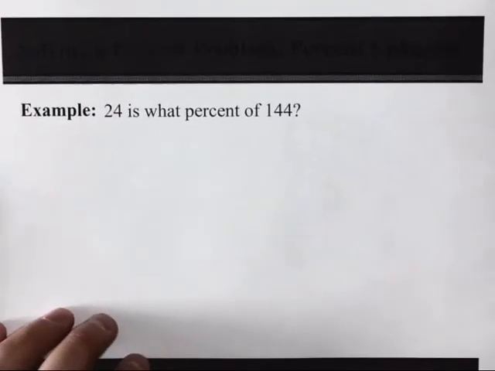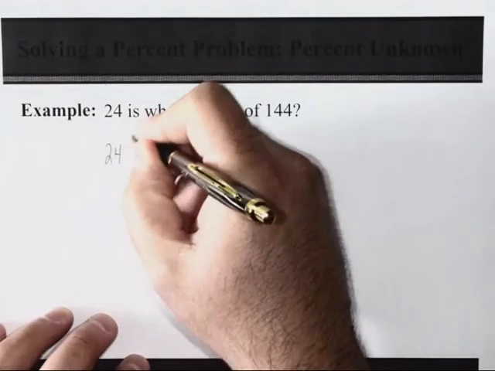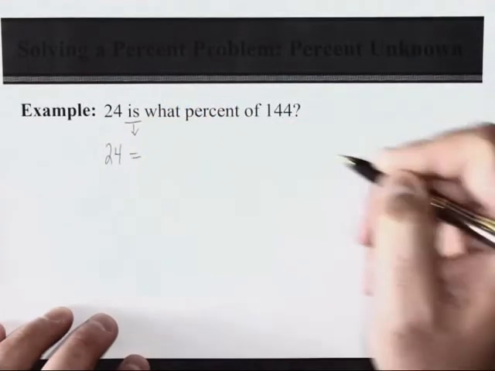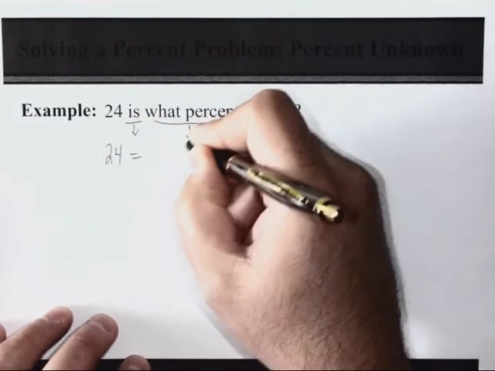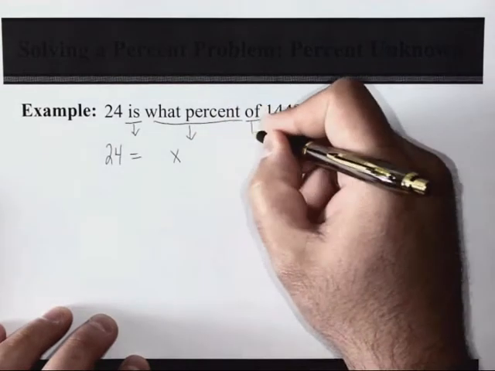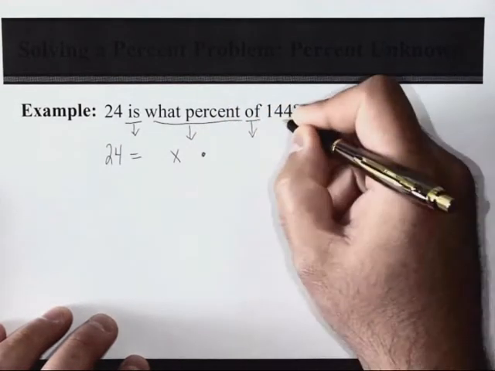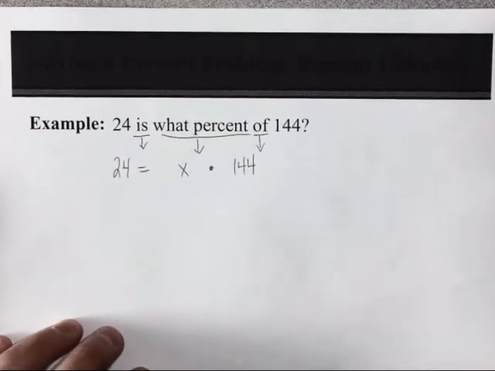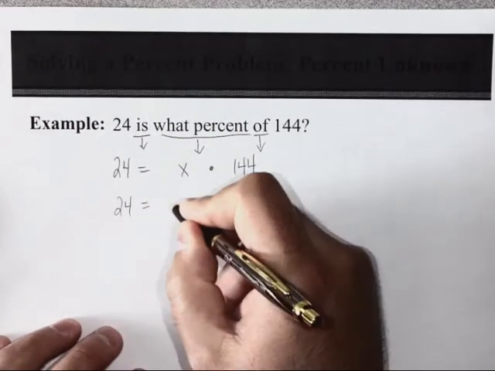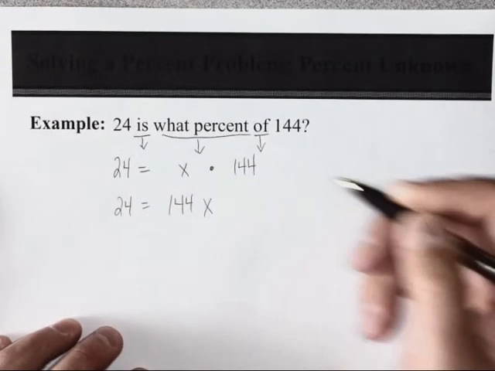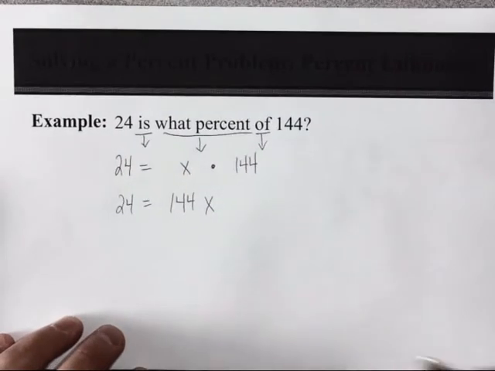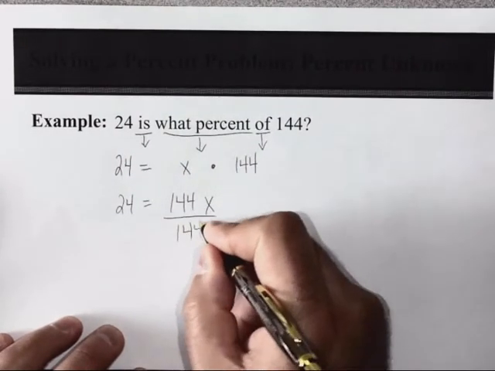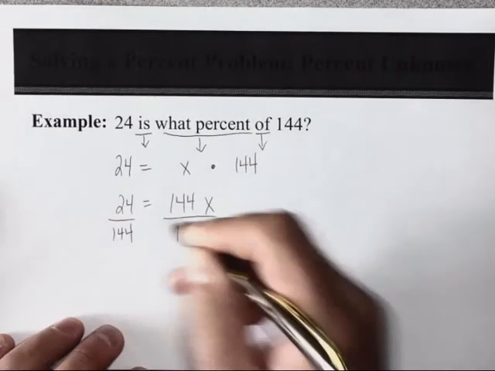Okay. Here's another variation. 24 is means equals. What percent, that's x, of, once again, means times 144. So we get 24 equals 144x. So we solve the equation. Divide both sides by 144.